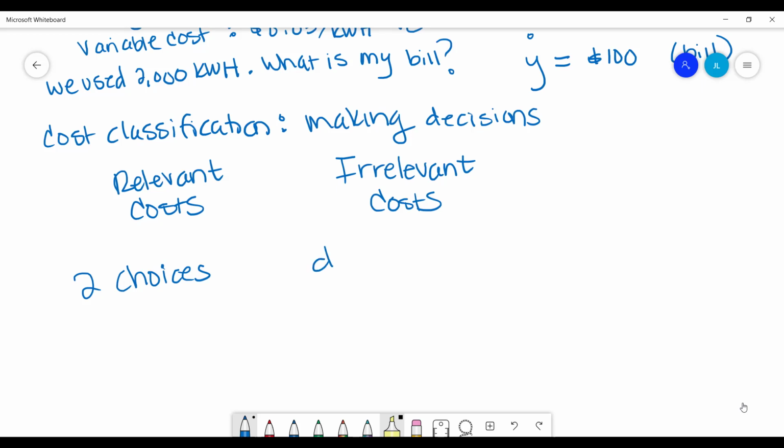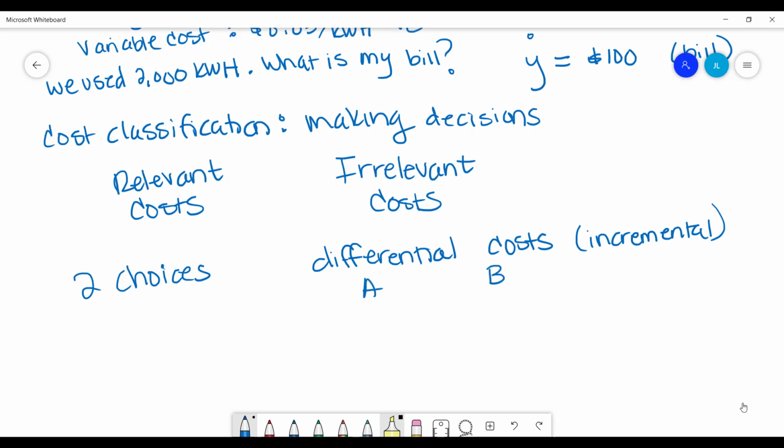So the difference between the cost of alternative A versus alternative B is what we will refer to as our differential costs, right? Another word for that is incremental. Okay, so the difference between the cost of investment A versus investment B, let's say investment A costs 100 and investment B costs 110, then the differential cost in that case is $10.